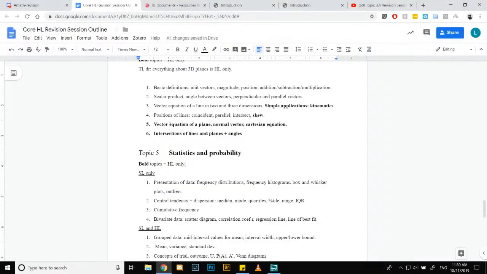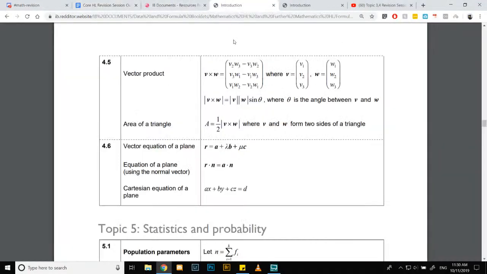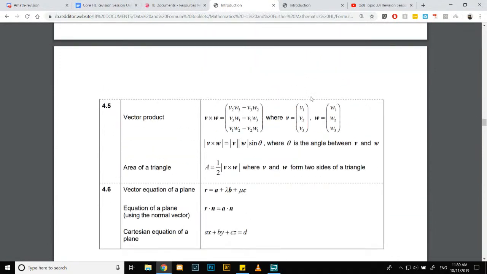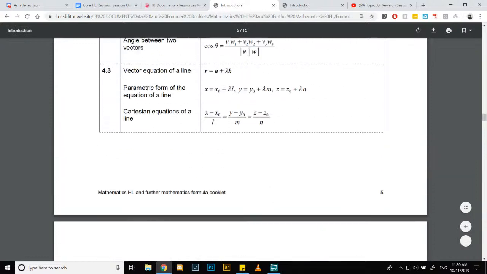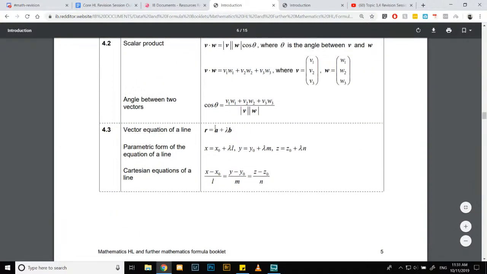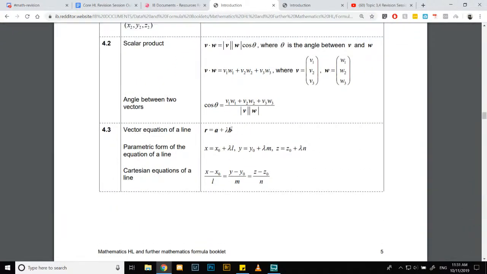So let me go check out the formula booklet to see if you have that. We have a vector equation of a line, which is some vector a, some vector b, and over here they actually use lambda instead of t. I use t, they use lambda, same thing.